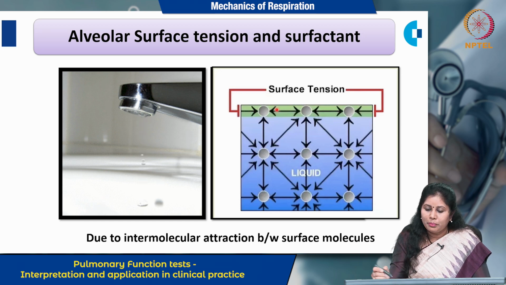Each and every molecule exerts some intermolecular attraction on the others. Similarly, the surface molecules have attractive forces between each other and to the molecules downwards, but there is no molecule above this layer. So all the forces tend to drag downwards. This exerts a pressure, and that is called surface tension.